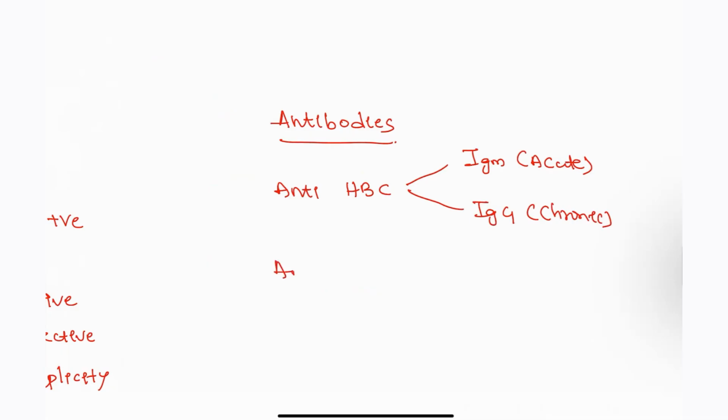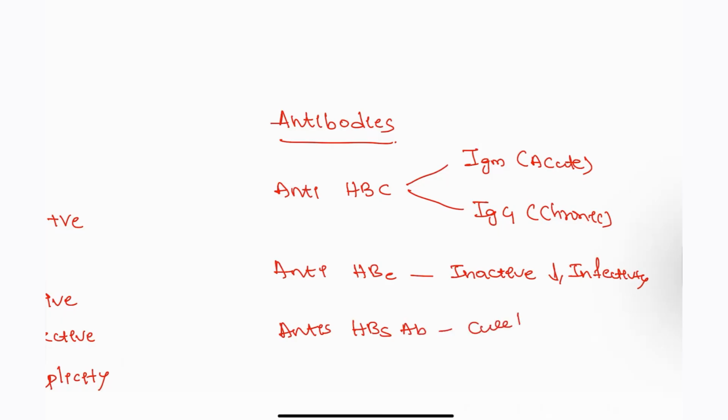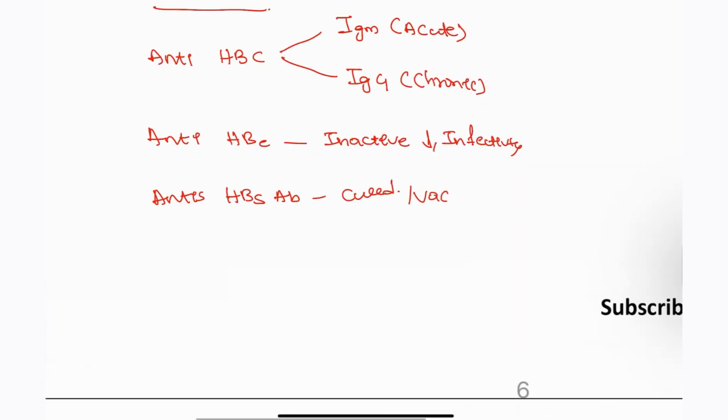Next, anti-HBe antibodies indicate that it is in an inactive condition, and infectivity in this period is also less. Next, anti-HBs antibodies mean that the patient is already cured or that the patient is vaccinated. So this is how we are going to interpret.